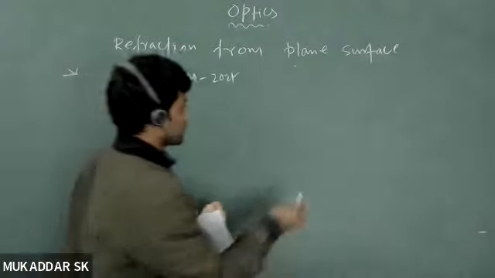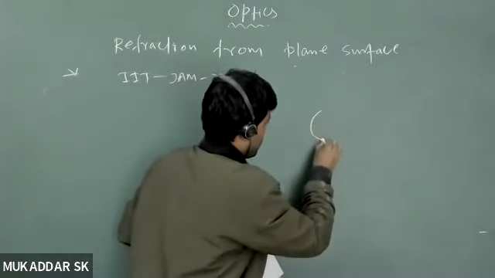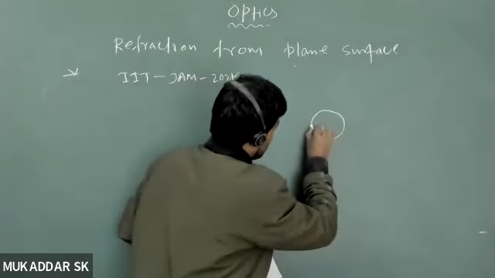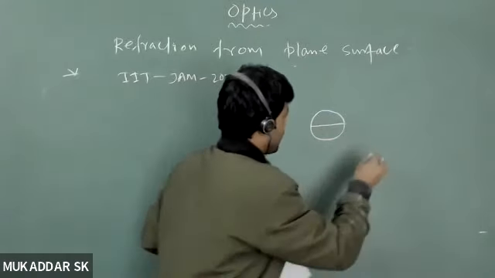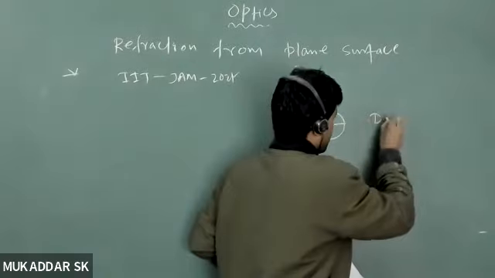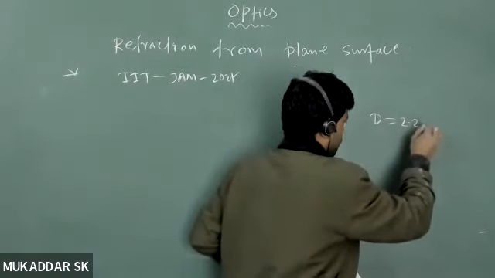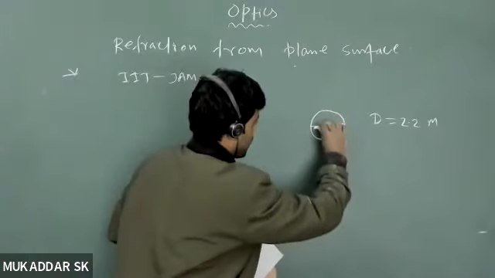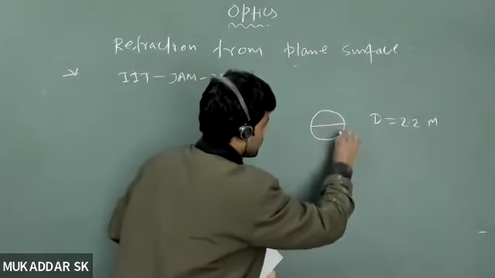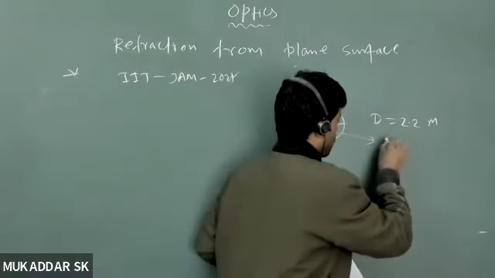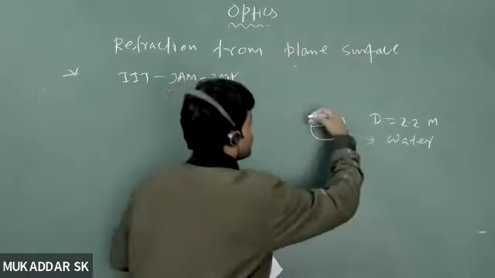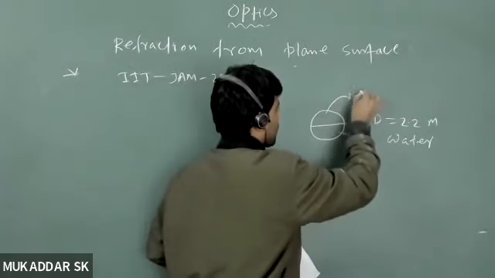There is a cross-sectional view of a cylinder, and the diameter of this cylinder is given as 2.2 meter. The lower half of the cylinder is filled with water, and the upper portion is filled with gas.